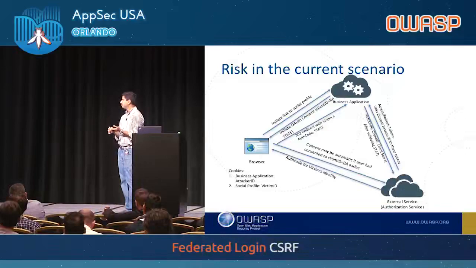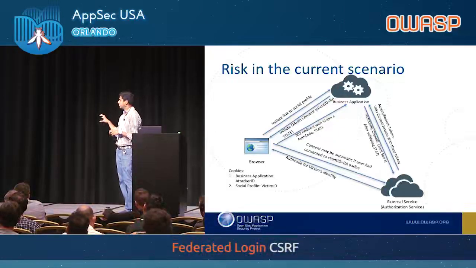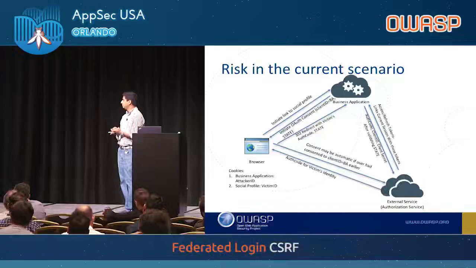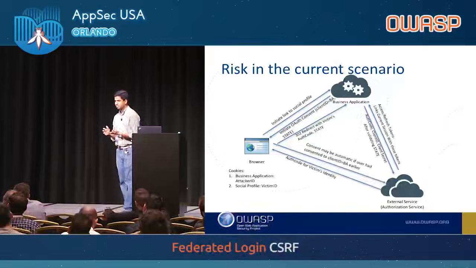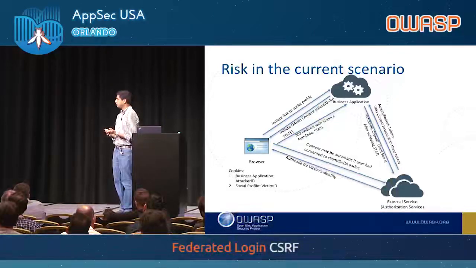If the victim had previously consented to the same business application to access this resource, this would be an automatic consent. So as far as the authorization service is concerned, the client ID, the user, and the consent required is the same. So there's no change in what is being requested.